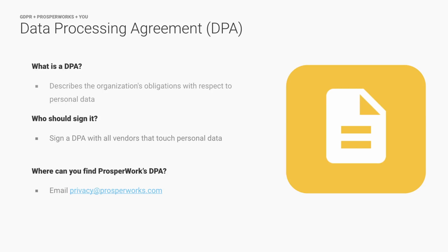As a data controller, you would sign that with all your data processors and all your subprocessors. We are a data processor for you as a data controller, so you would treat us as any other vendor and sign a DPA with us. Currently, to sign a DPA, you can email us at privacy@prosperworks.com. Very soon, there's going to be an article on our knowledge base which will streamline that process.